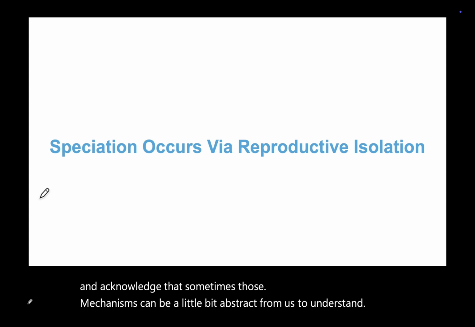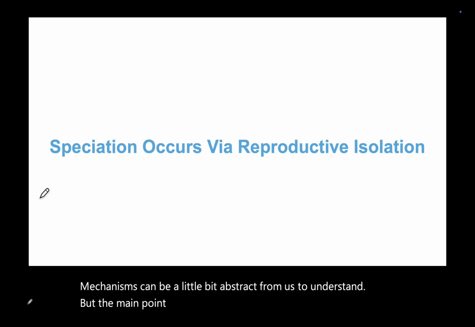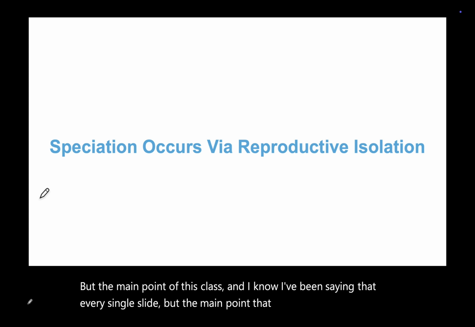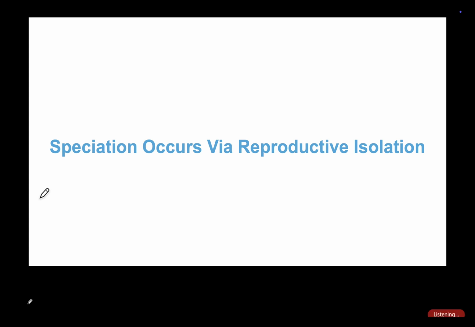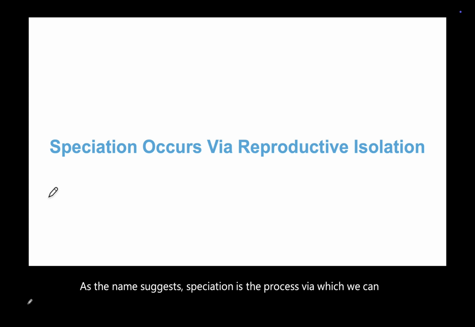But the main point of this class, and I know I've been saying that every single slide, but the main point that I wanted you to understand is this process called speciation. As the name suggests, speciation is the process via which we can create two new species. Okay?